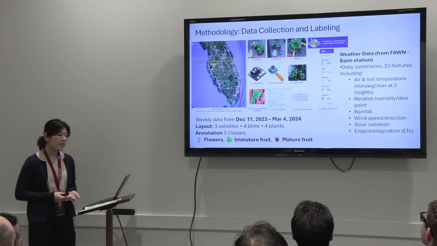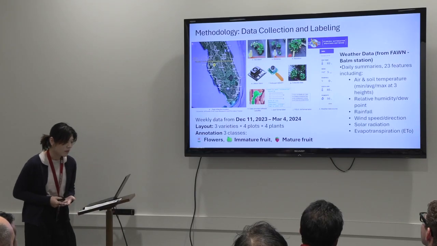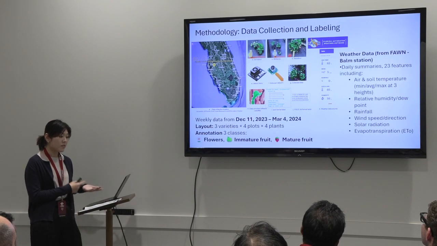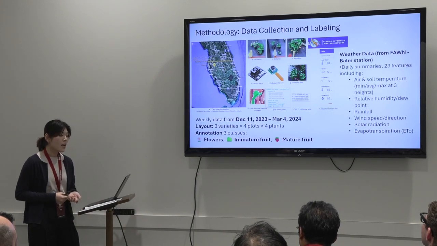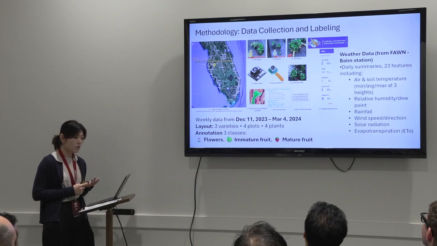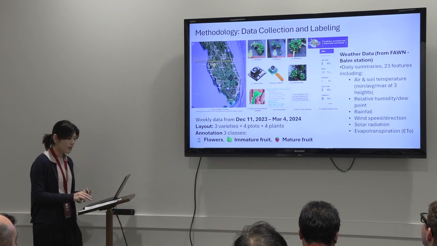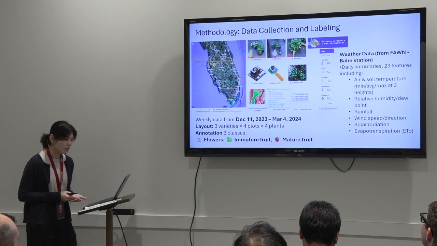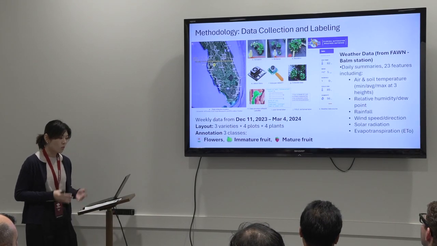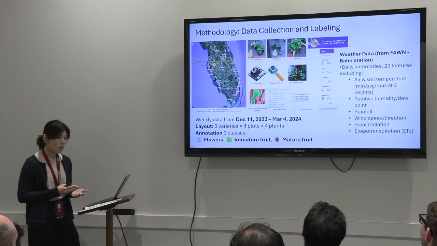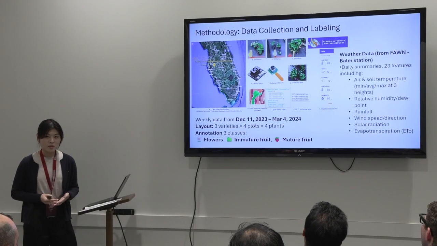For the weather data, we get it from the Florida Automated Weather Network, and we have a weather station at our Gulf Coast Research Center. In total, we have 23 features that might affect strawberry growth, like air and soil temperatures, relative humidity, dew point, wind speed, direction, solar radiation, and also ETo.